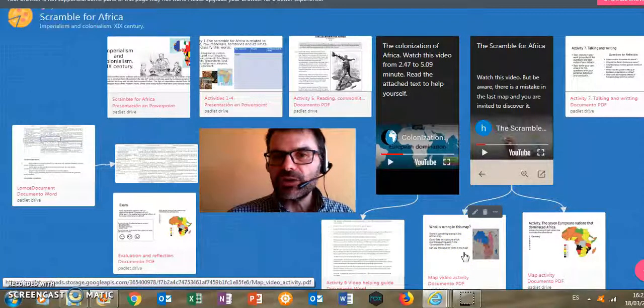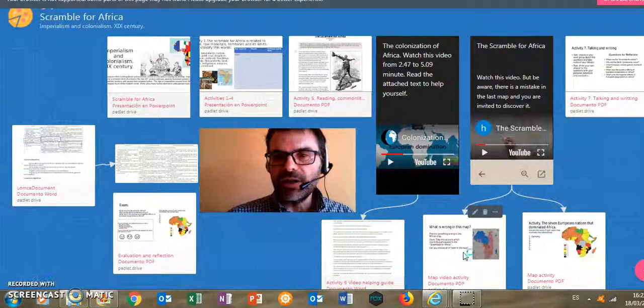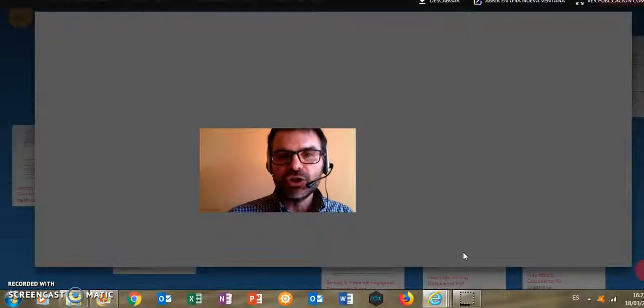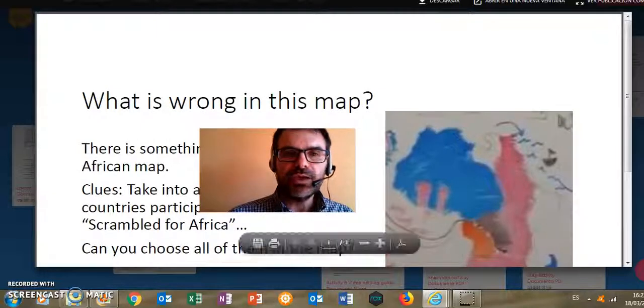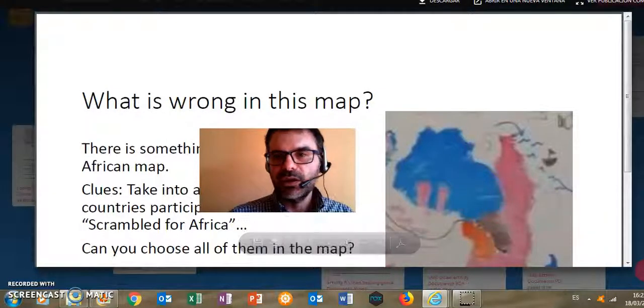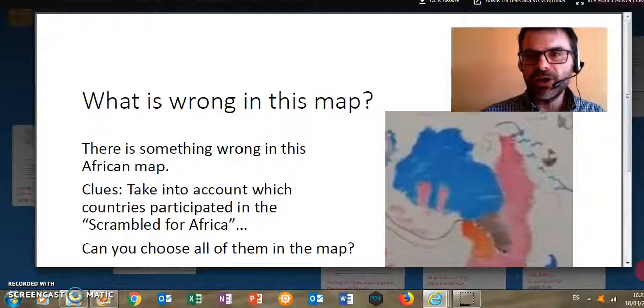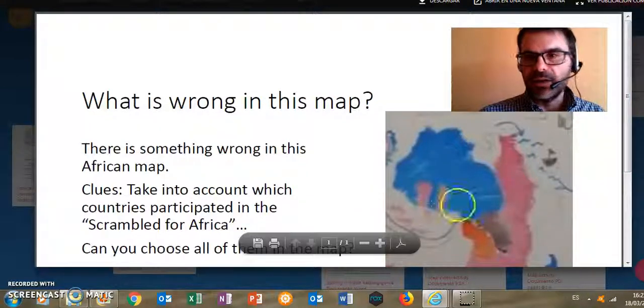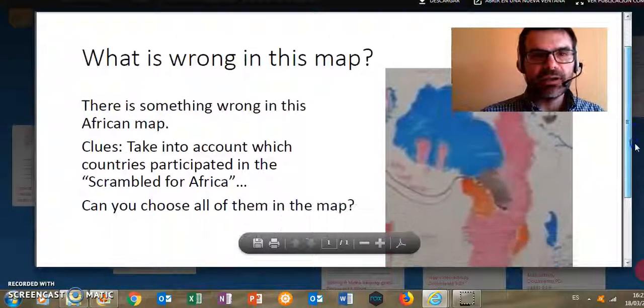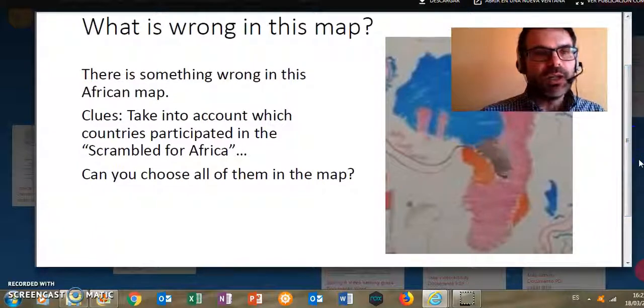So I use it for tasks like true or false tasks. Okay, so they are invited to discover what is wrong. This is the activity. Is there something wrong in this African map?